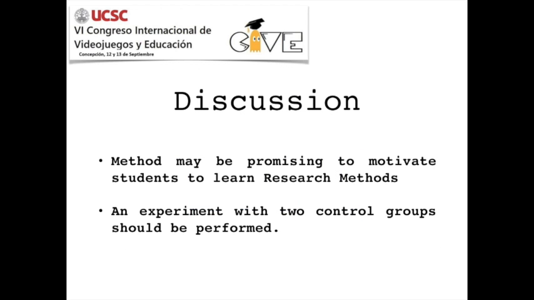The method may be promising to motivate students to learn research methods, but we know this is a work in progress. An experiment with 2 control groups should be performed in order to collect more data about our approach, and to draw better conclusions about our method.